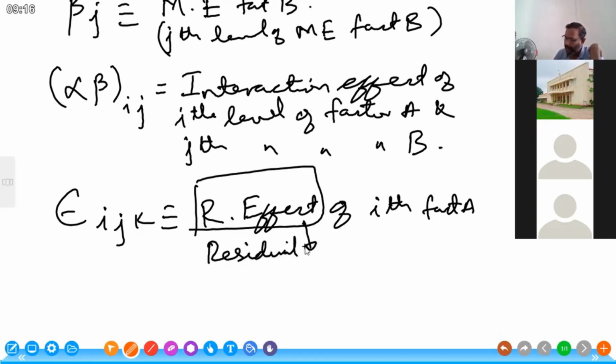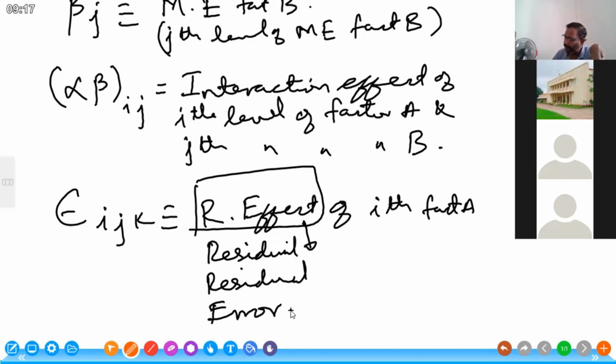then residual or error, all these are the same. You can use any name. All are synonyms. You can use any of those. Random effect, residual effect, residual error, all these are the same.